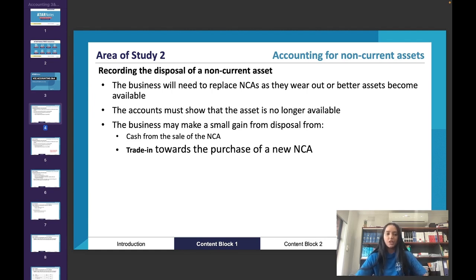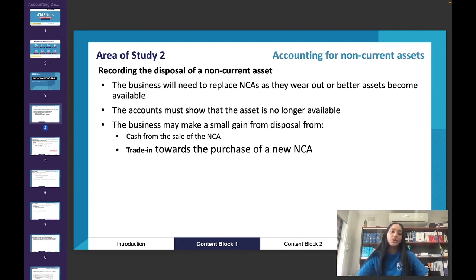It's important to note that when we're disposing or selling a non-current asset, it's not always just because of damage or the asset being worn out. Some of the time it is damaged or worn out, but it also can be that the older model becomes superseded or there's a better model available.